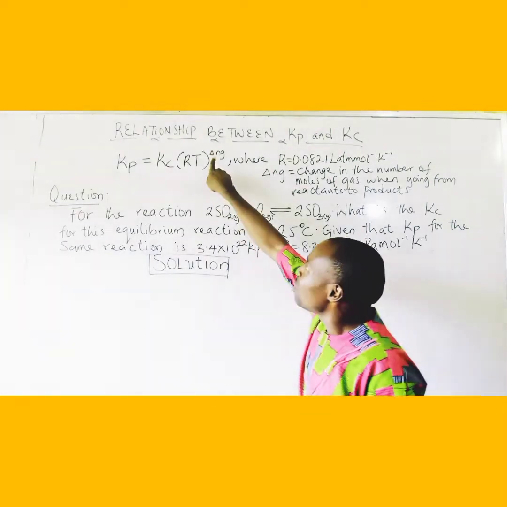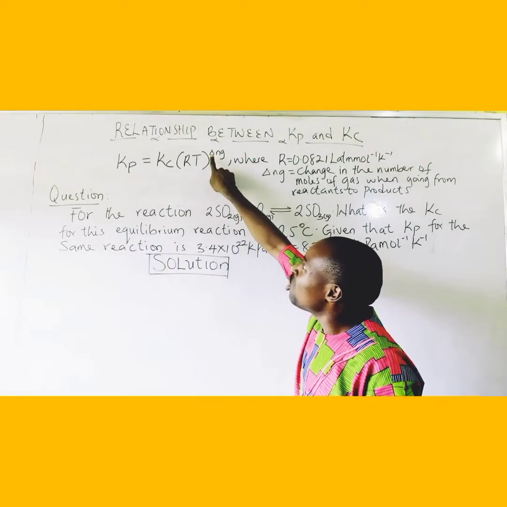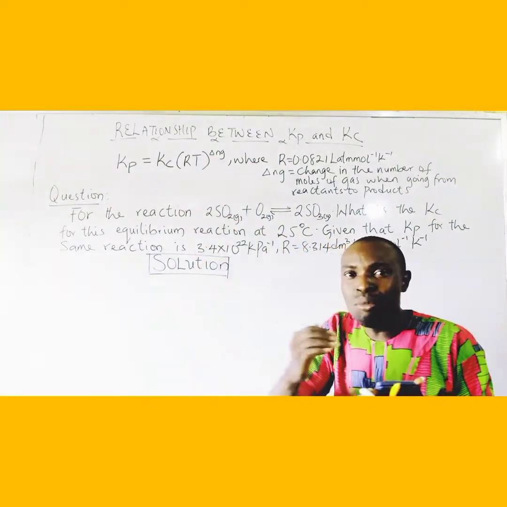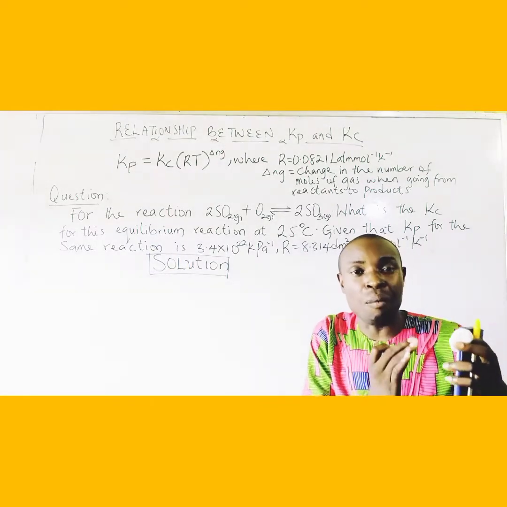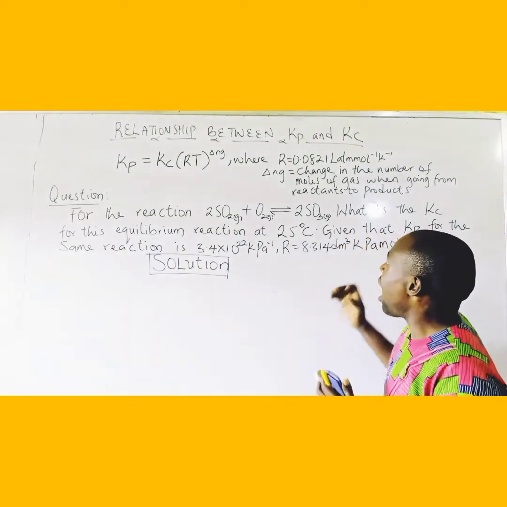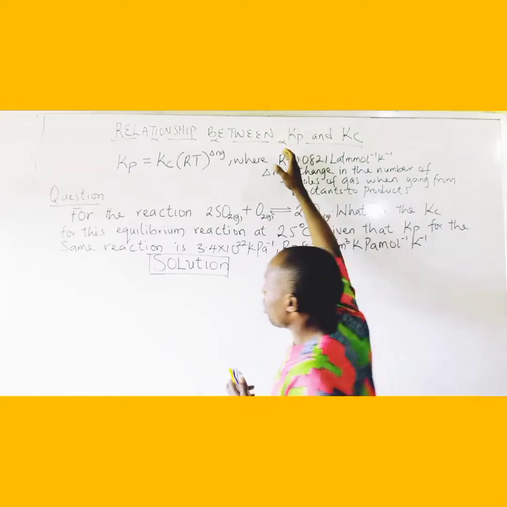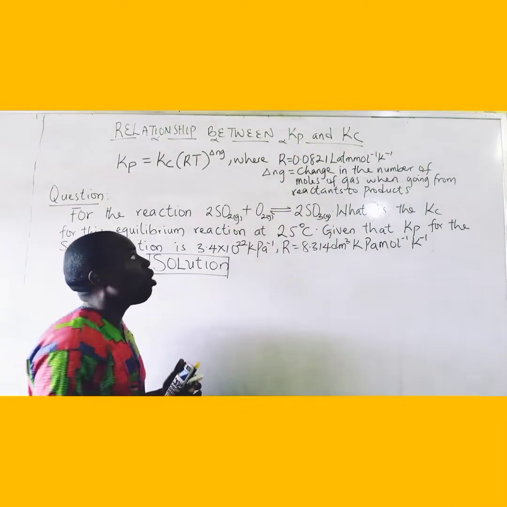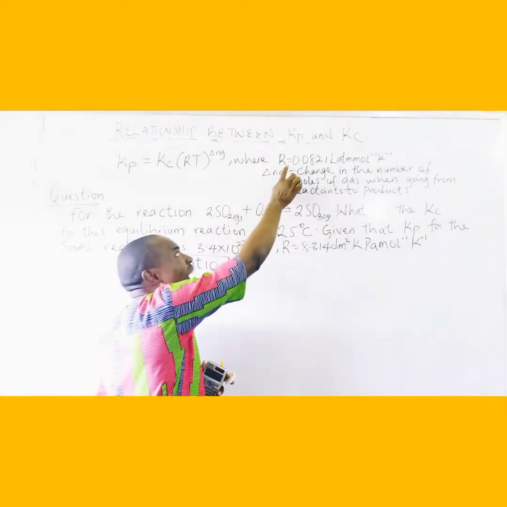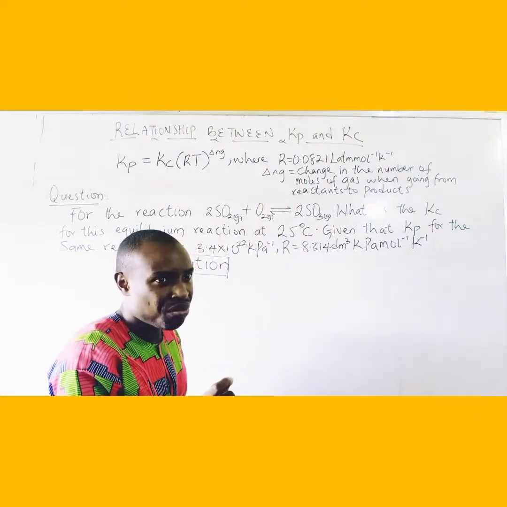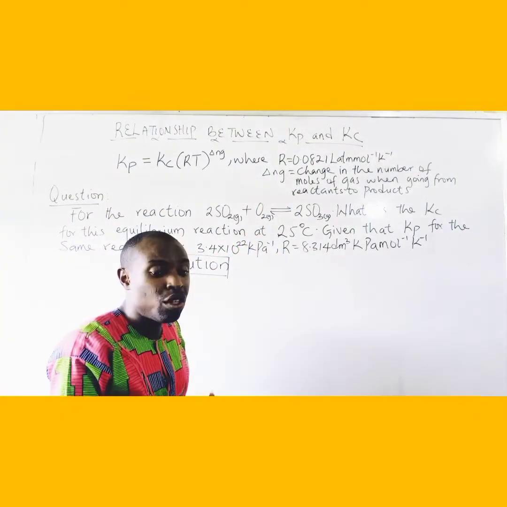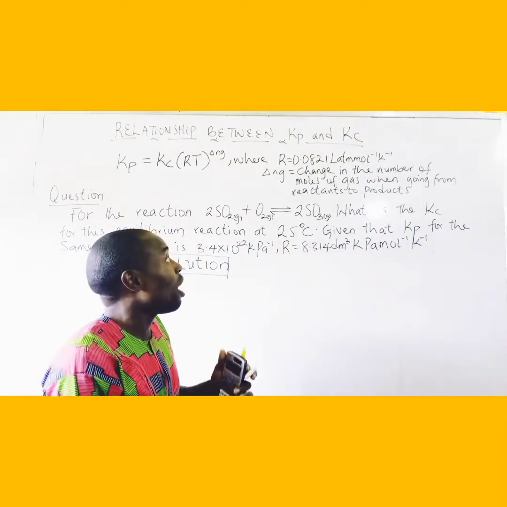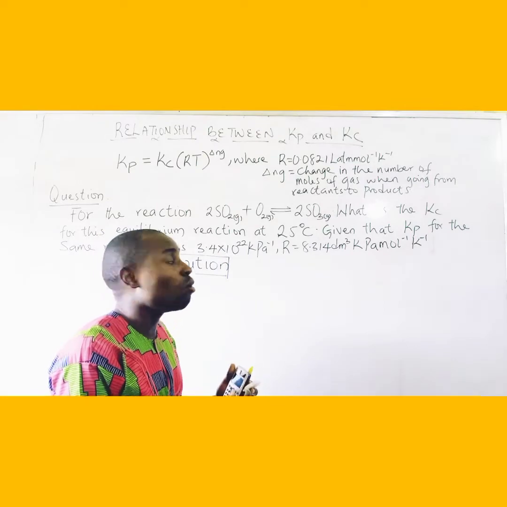Take note that Δn means change in the number of moles of gases when moving from reactant to product. You understand that R varies depending on what you are given in the formula or in the question you are going to solve.